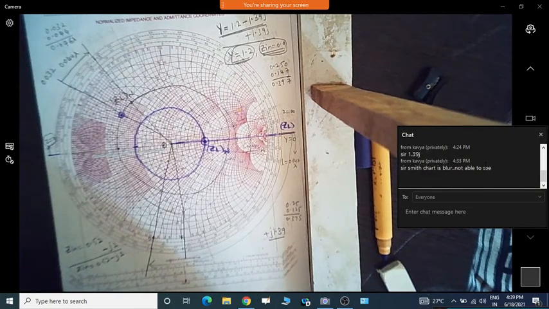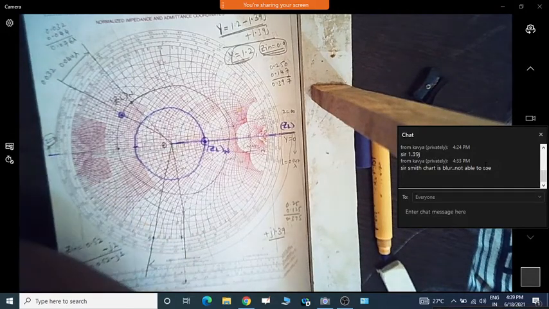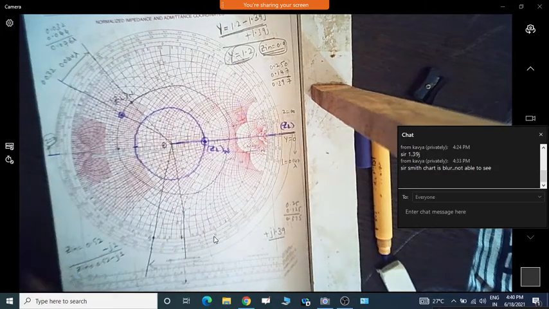Is the writing part visible? The Smith chart is not. And your voice is also too low. So I have to make an arrangement such that I'll talk on the mobile, and the camera is just for showing. Probably you will be able to hear that.